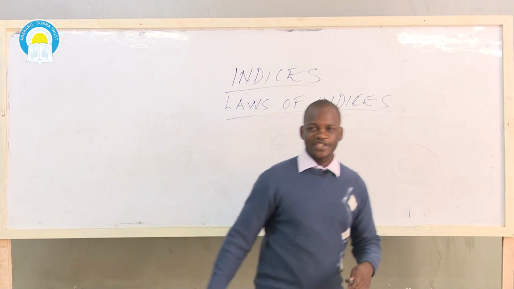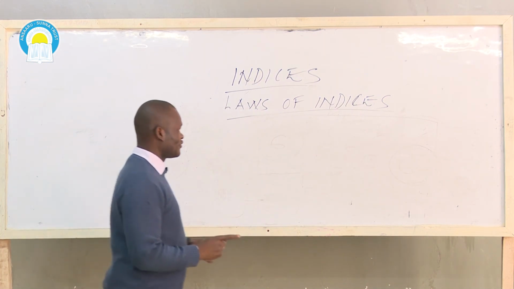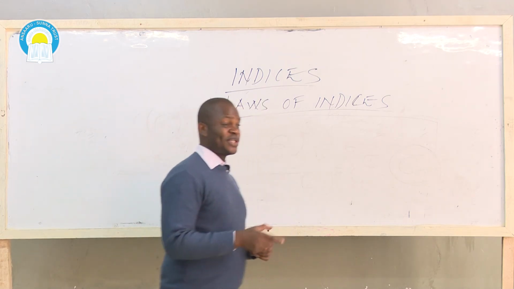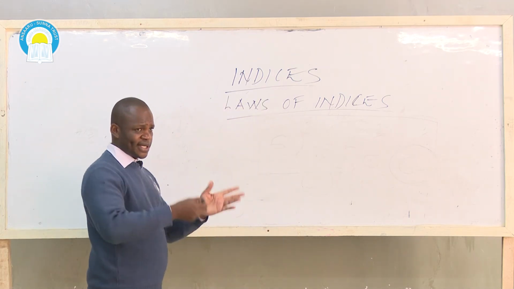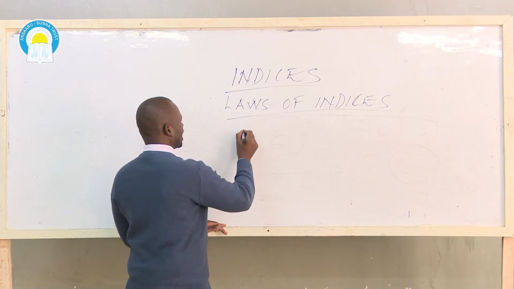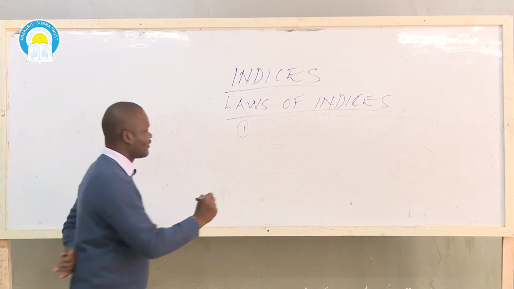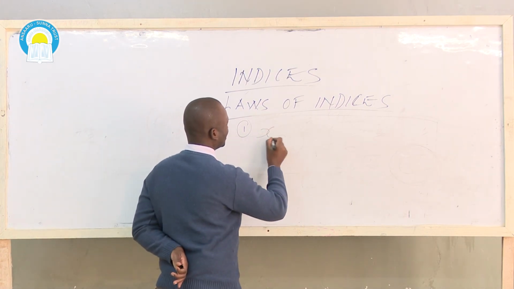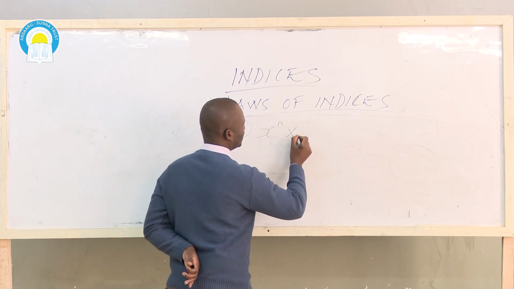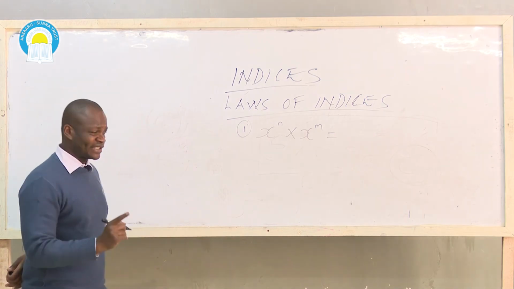So again, I want to be sure we are together. How many laws have we discussed? 5. The first law was the law of what? Multiplication. In fact, let me just put them down before I clear with the other 4 remaining laws. Law number 1, it was a law of multiplication having the same basis.